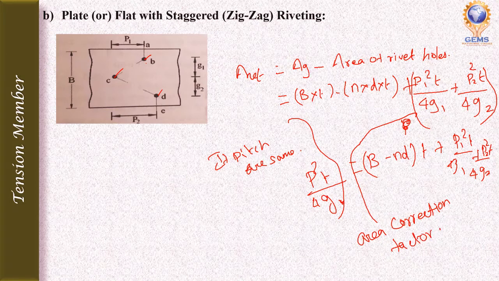So the final A net is equal to B minus ND into T plus P1 square T by 4G1 plus P2 square T by 4G2, where P1 and P2 are staggered pitches and G1 and G2 are gauge distances.